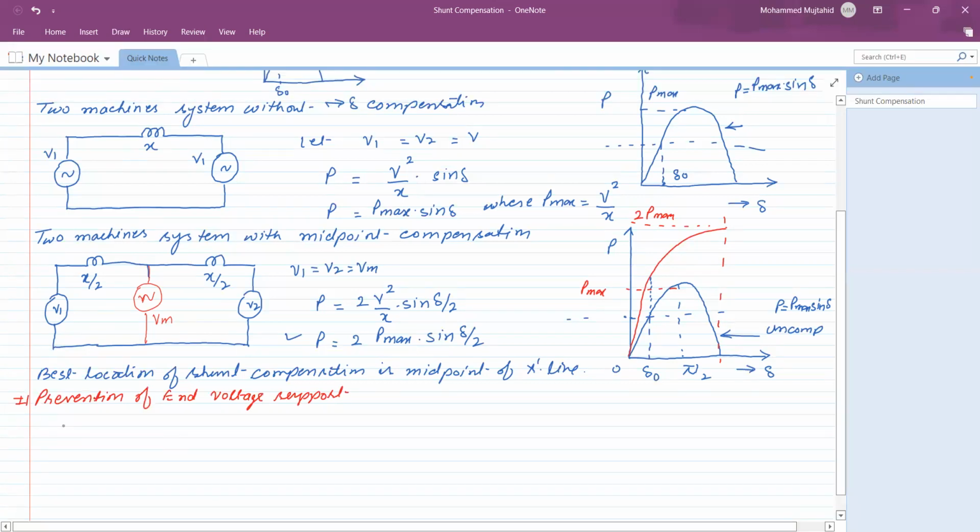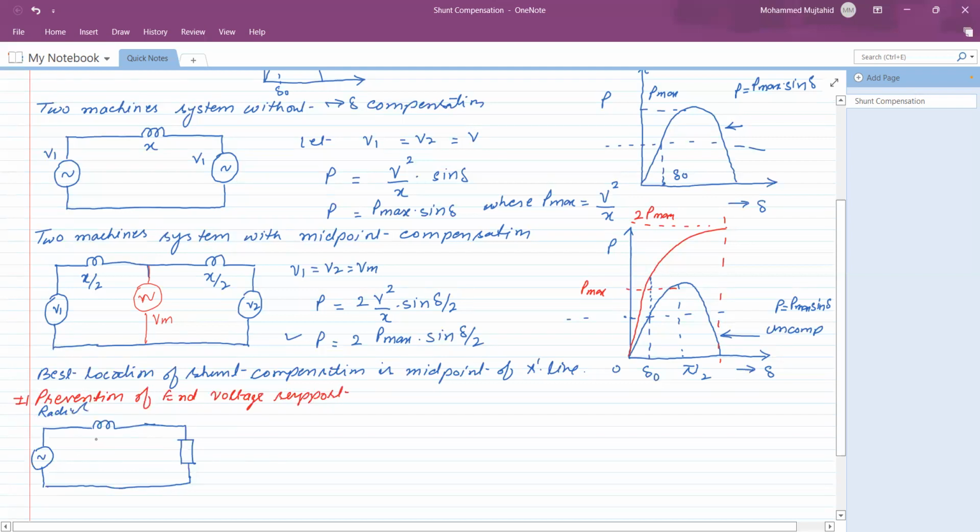So let the transmission line now be a radial transmission line where the power is transmitted from one end and the load is connected at the second end. So this is the line, it is a radial line. It is a two machine system, whereas here it's a radial line.